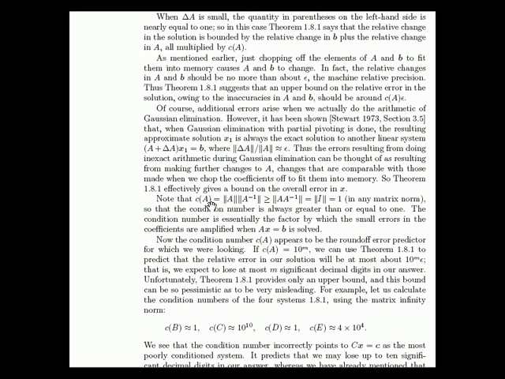Also notice that if you multiply the matrix by a scalar, the scalars cancel out. If you multiply A by alpha, you get the absolute value of alpha times the norm of A, times the absolute value of 1 over alpha times the norm of A inverse, and the alphas and 1 over alphas cancel. So multiplying a matrix by a scalar doesn't change the condition number.